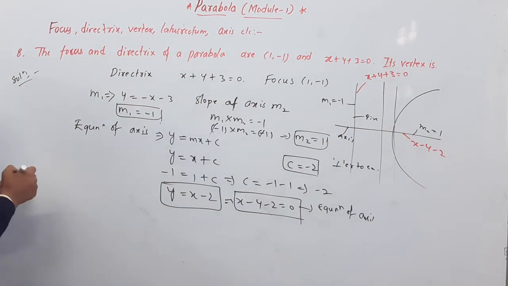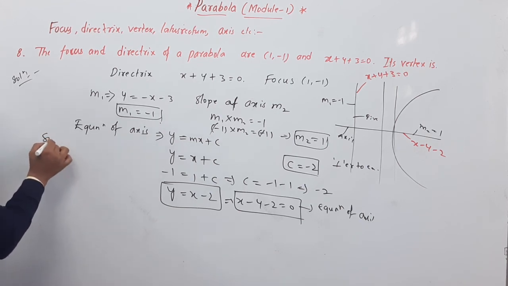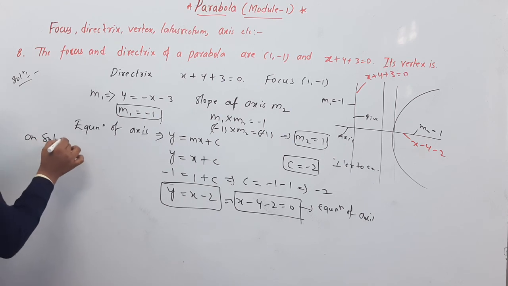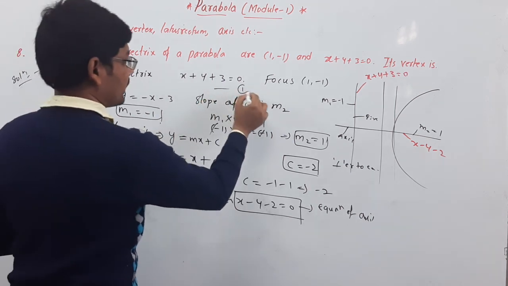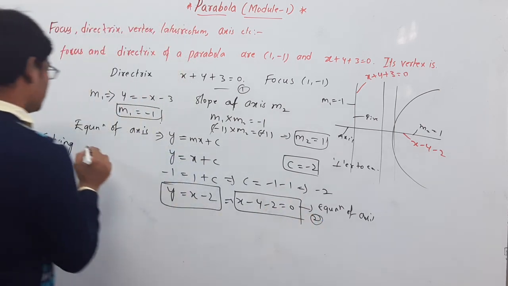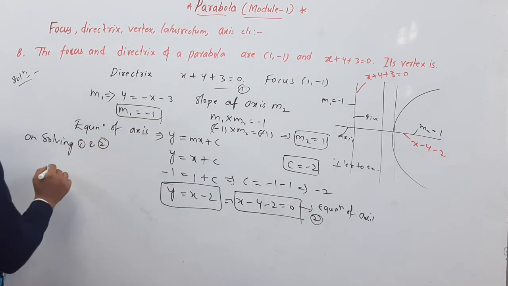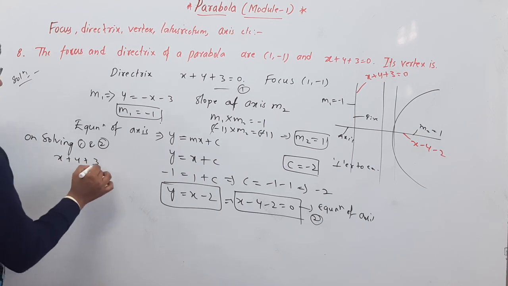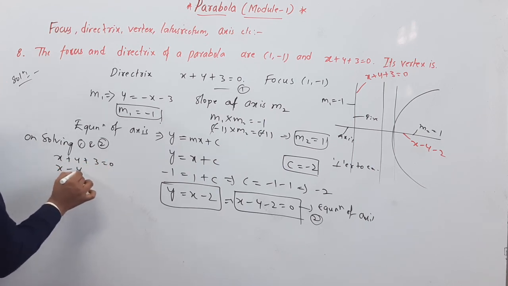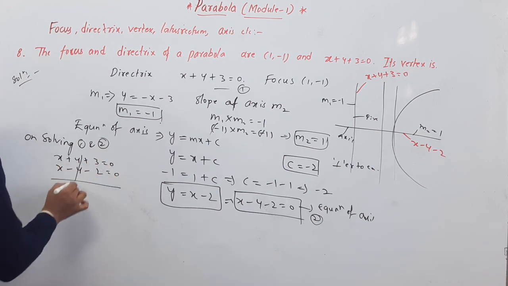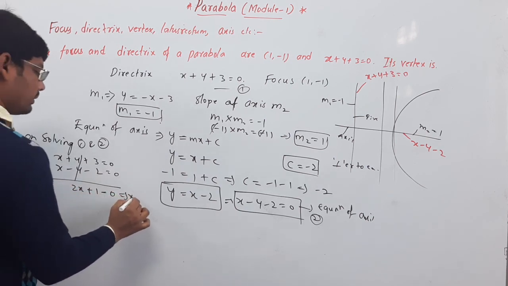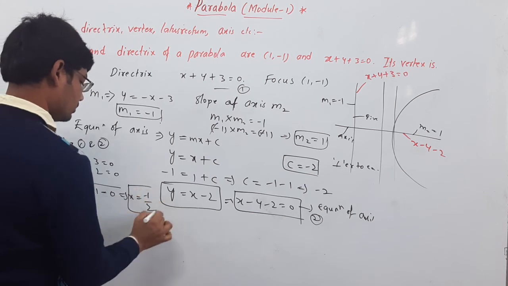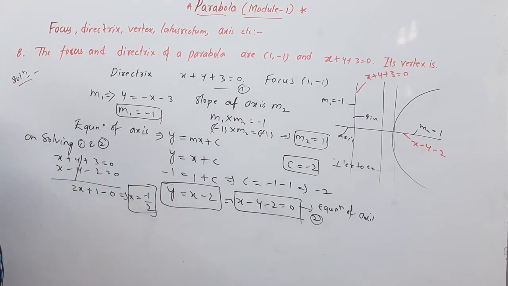On solving these equations, this is equation number 1 and this is equation number 2. So x plus y plus 3 is equal to 0 and x minus y minus 2 is equal to 0. Now adding, 2x plus 1 is equal to 0, that implies x is equal to minus 1 by 2.